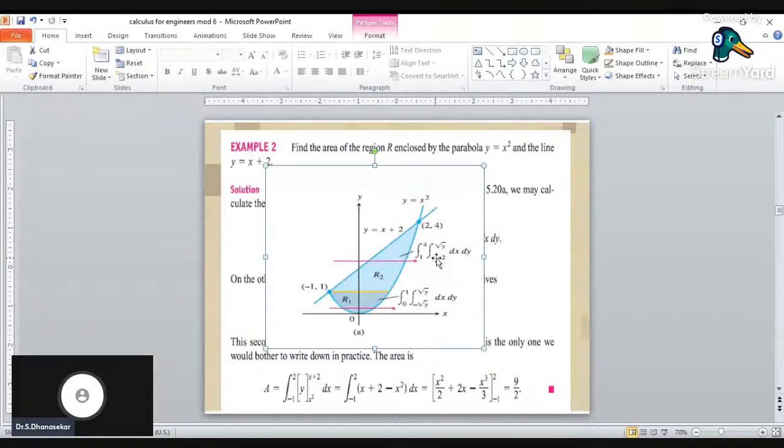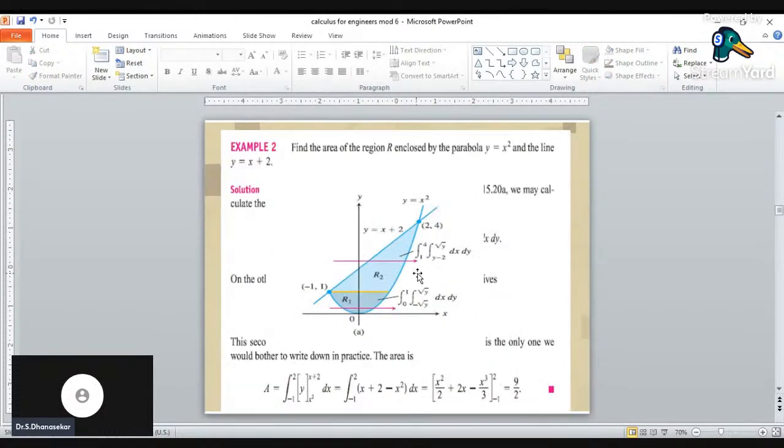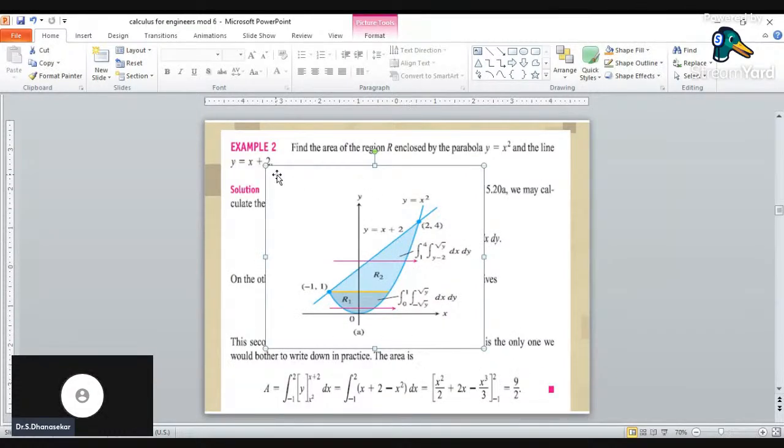When I draw a horizontal line here, it starts at this line and ends at this curve. So it changes. That means when I go for dx dy, I should have two integrals, an addition of two integrals. But when I go for dy dx, I can have only one. That is what is given in this one.